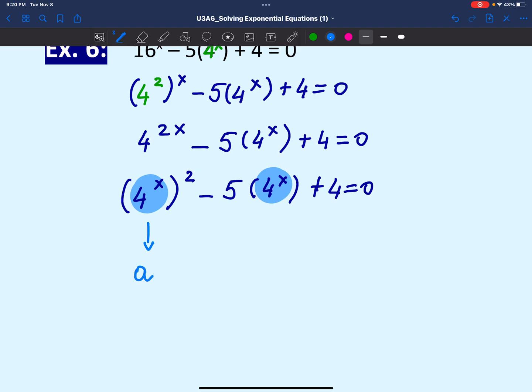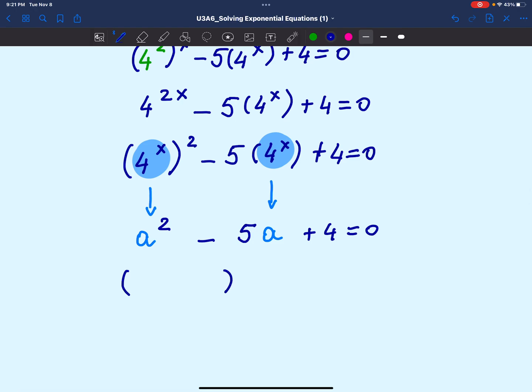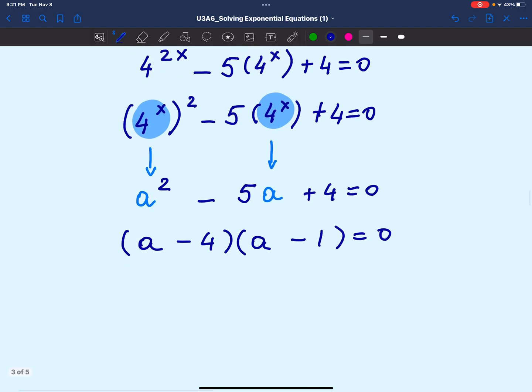So we let 4 to the power of x equal a. And then we have a to the power of 2 minus 5a plus 4 equals 0. So solve by factoring. And in this case, we have a minus 4 times a minus 1 equals 0.